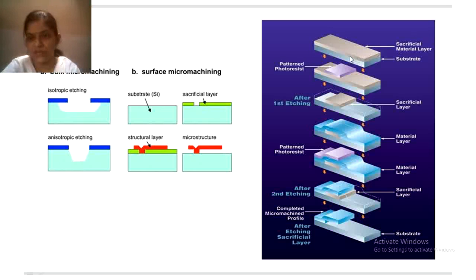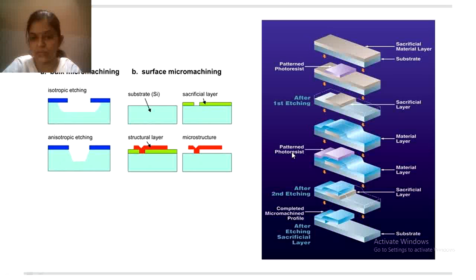Then here the techniques which are used for the fabrication process are shown. This is the sacrificial material and this is the substrate. One pattern of photoresist material we have to place here. Then after the first etching, there is a removal of this. Only this pattern of photoresist area is remaining here, and after that we can add another material layer.